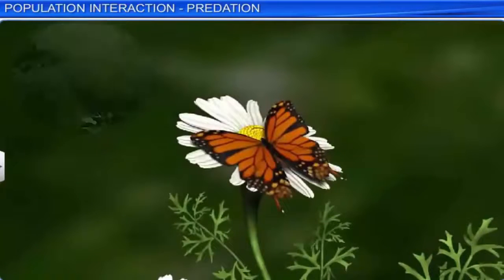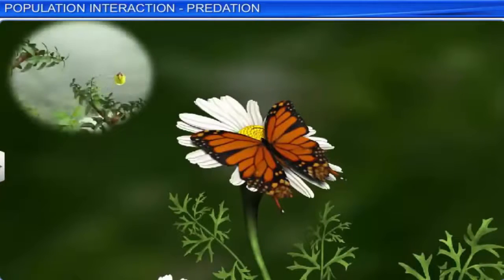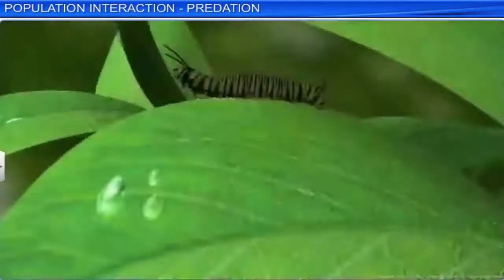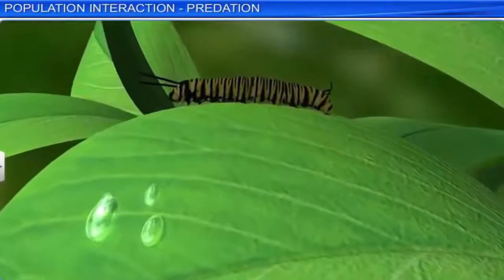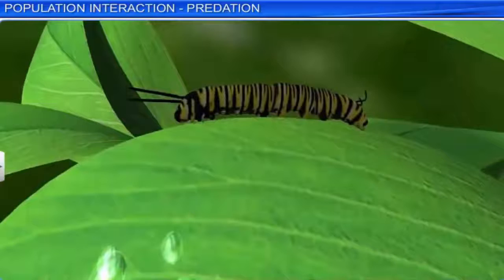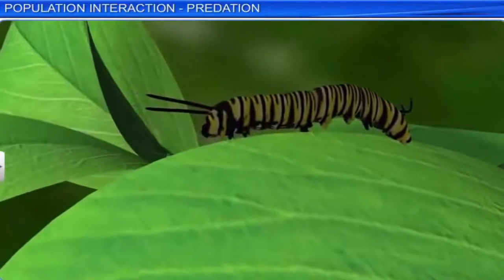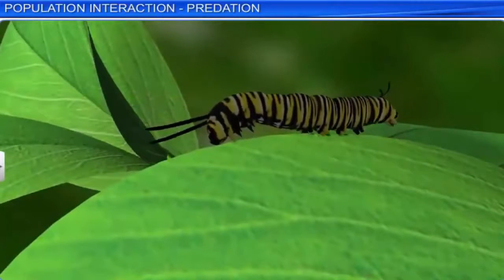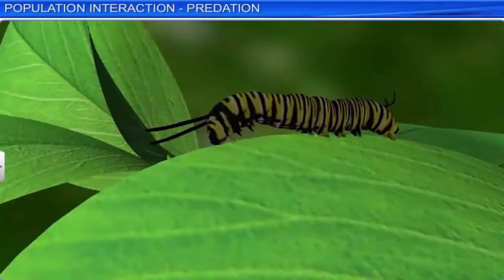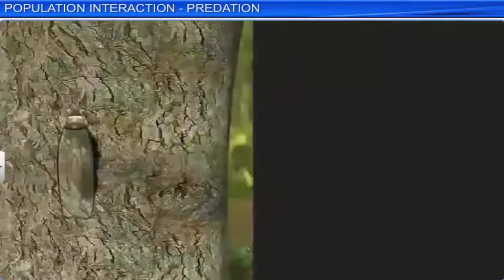For instance, the monarch butterfly contains a chemical that makes it highly distasteful to predator birds. Interestingly, the butterfly acquires this chemical in its caterpillar stage by feeding on a poisonous weed. These are some ways in which animals escape predation.